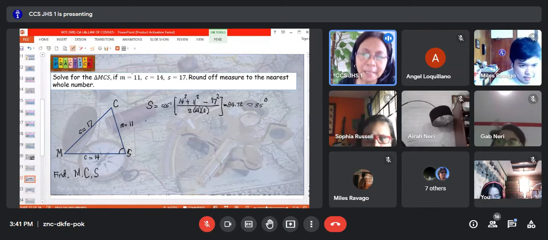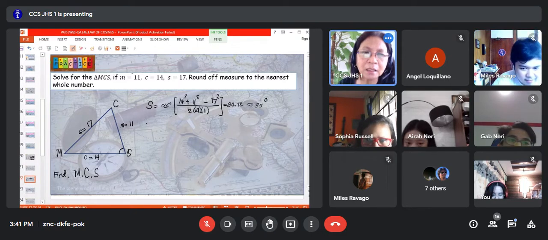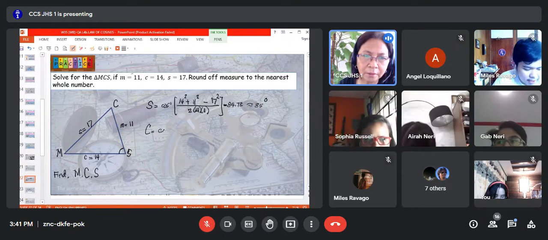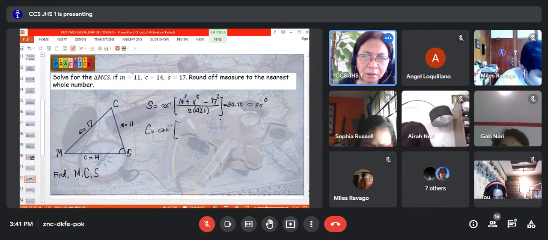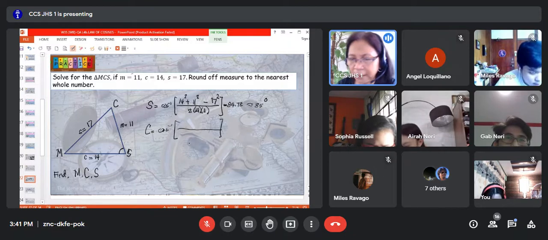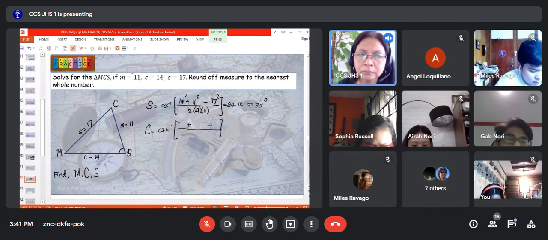Okay? Next, what will be our next angle? Angle C. So arc cosine of what? Give me the values. What are we going to add here and then subtract here?